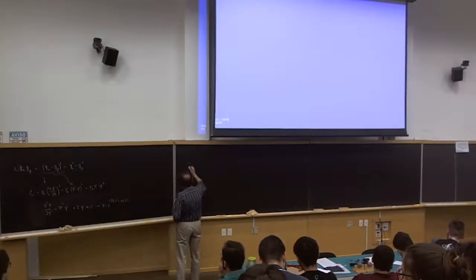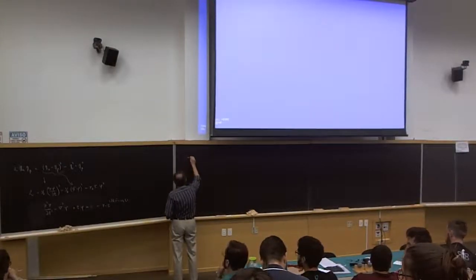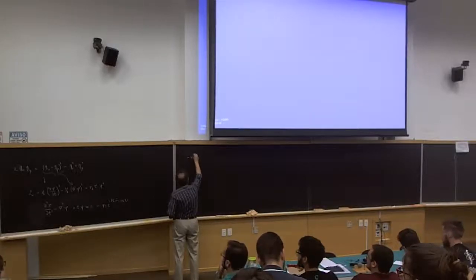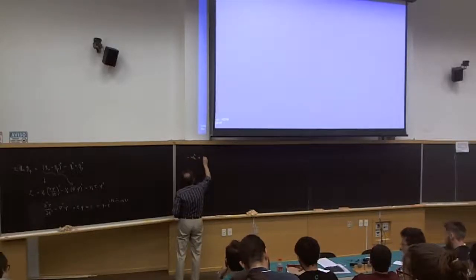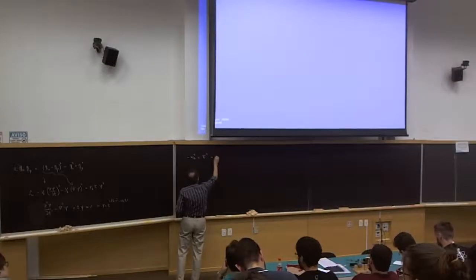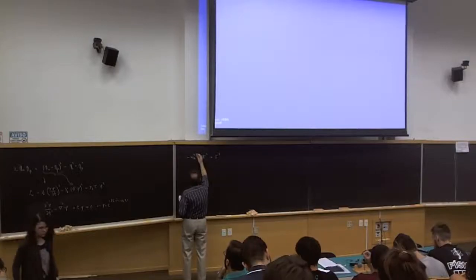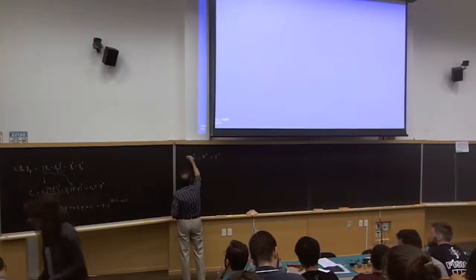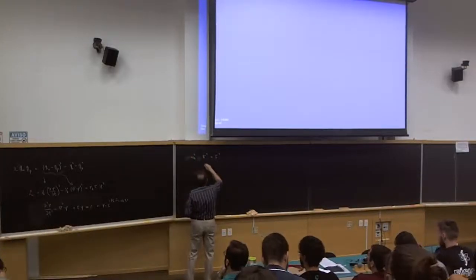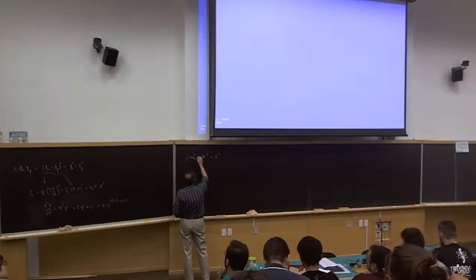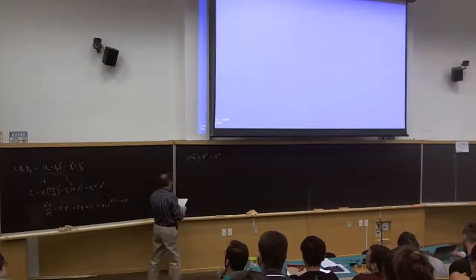You find that minus omega k squared plus k squared is equal to tau squared. Okay?